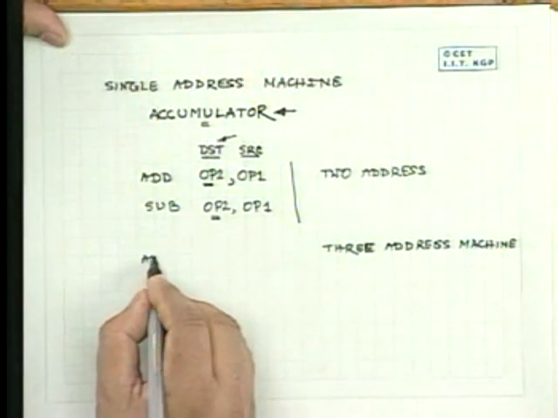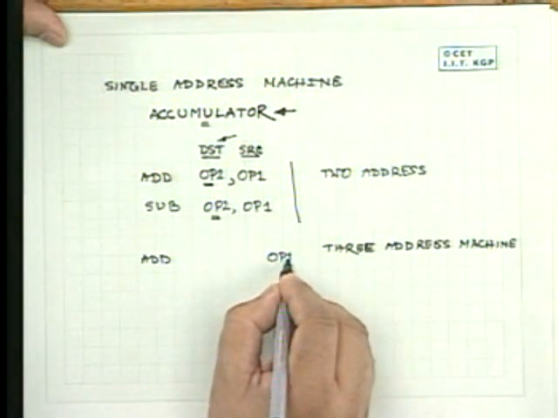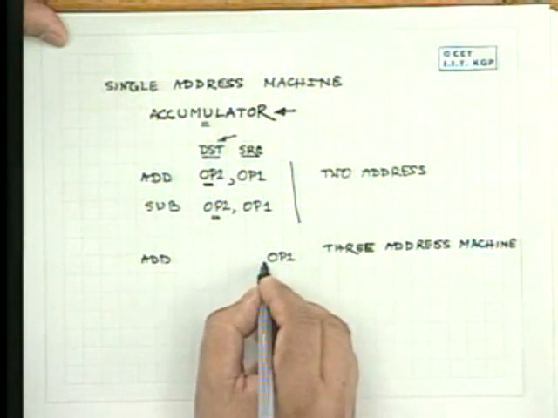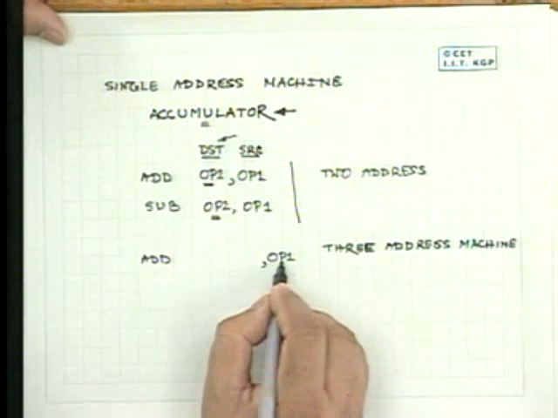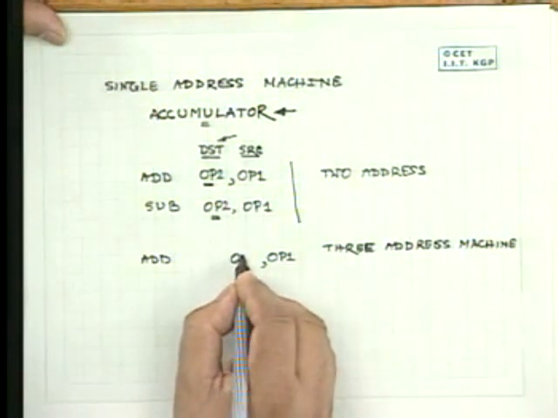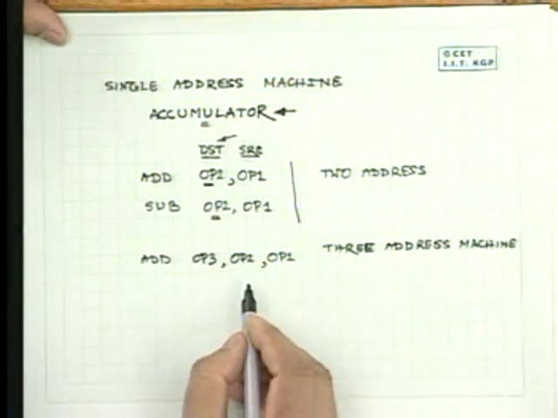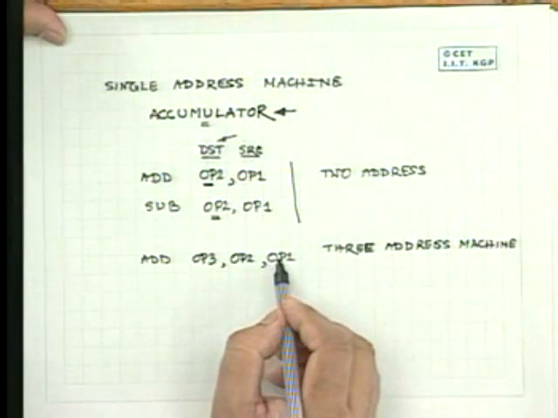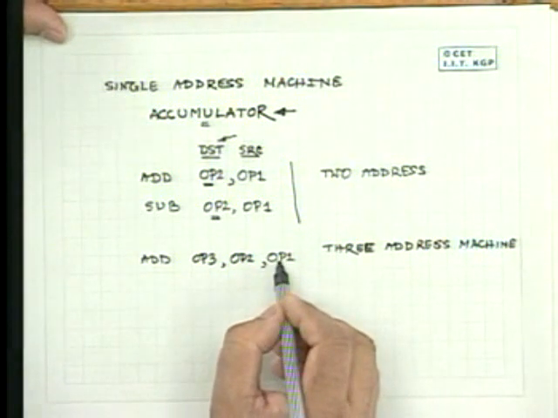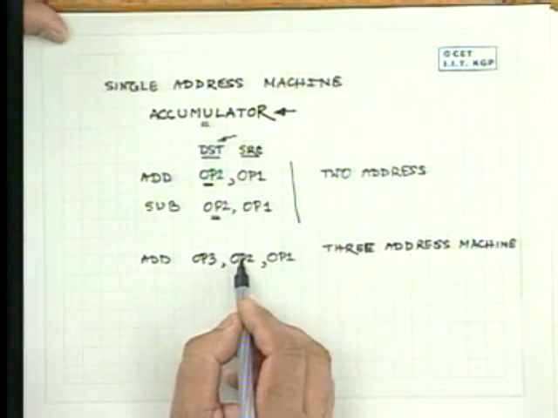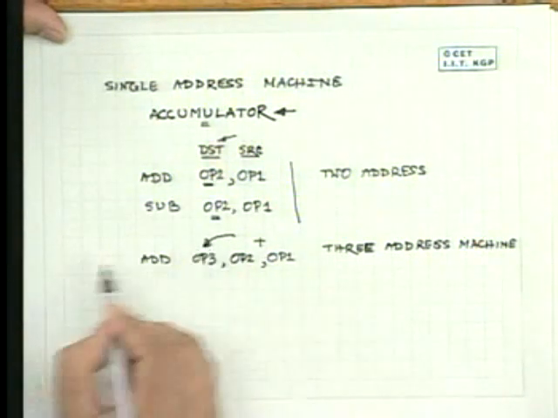Say, for example, if I say add, then we can specify 3 operands, operand 1, operand 2, and operand 3. This means that I'll take the content of operand 1, or the value as given by operand 1, take the value as given by operand 2, add them, and the result will come into operand 3.